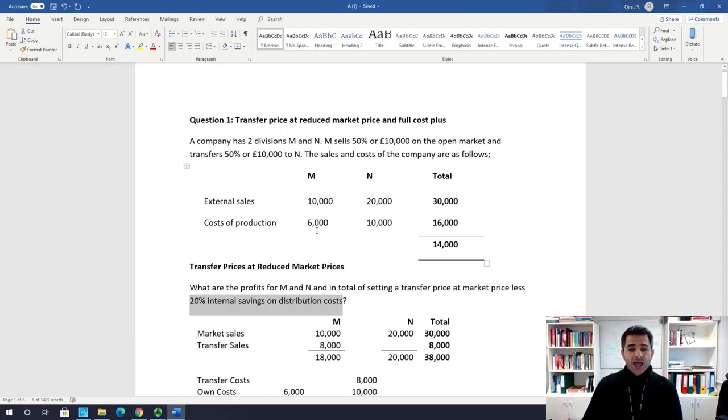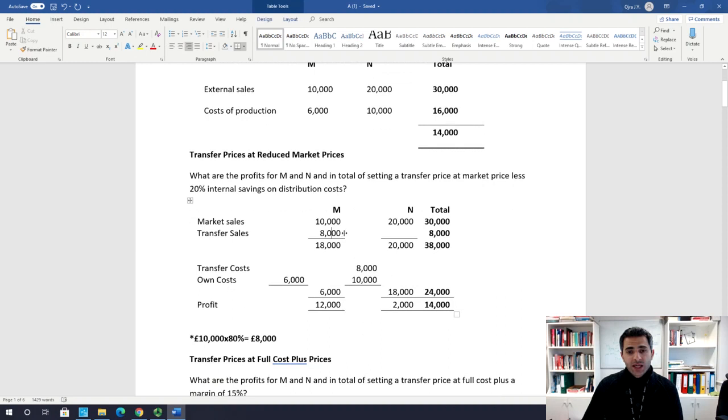As you see, the internal price is £10,000, but if we take off the 20%, which is the distribution cost, the transfer price would be £8,000.